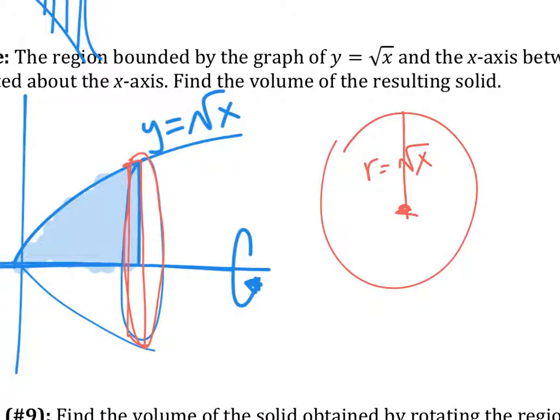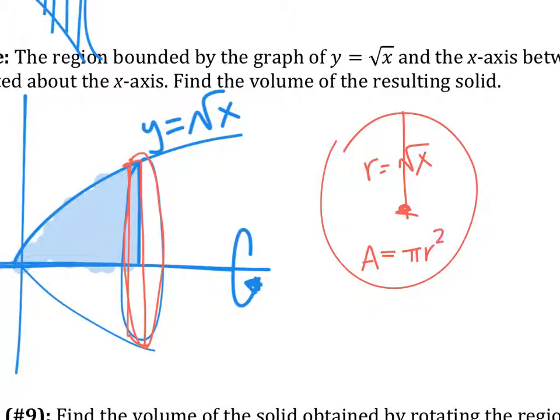Now, it's going to keep getting shorter and shorter as it goes, right? So let's just look at that radius as is, which is square root x. We're not going to think about it as 1. It is 1, but it's going to change. So let's just put square root x. What is the area of this circle?